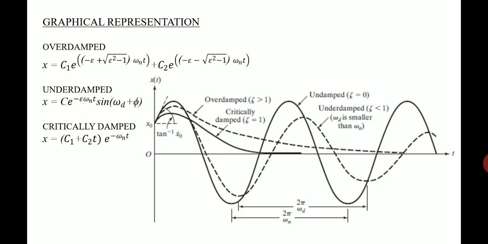The amplitude is exponentially decreasing, and as time moves forward, the amplitude dies out in case of the overdamped system. Now the second case is the underdamped system. As I said, there is no sufficient damping, and that is the only case where we have oscillations.